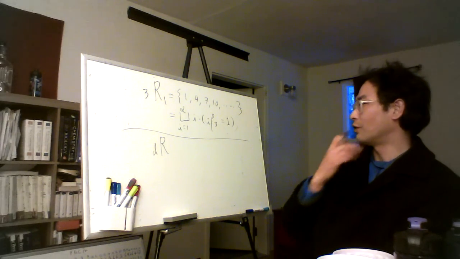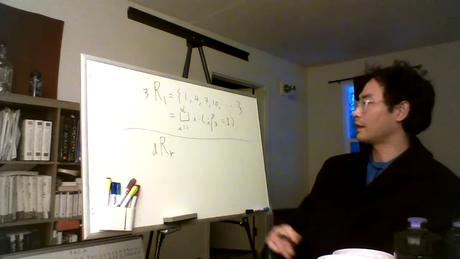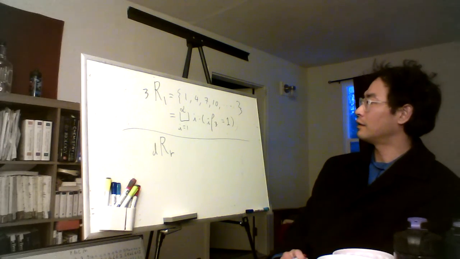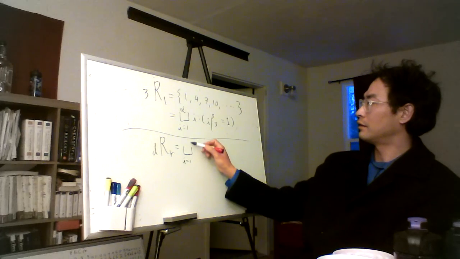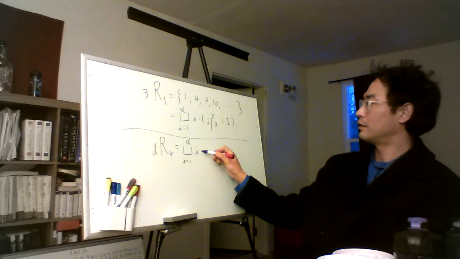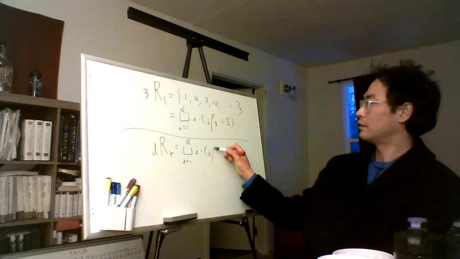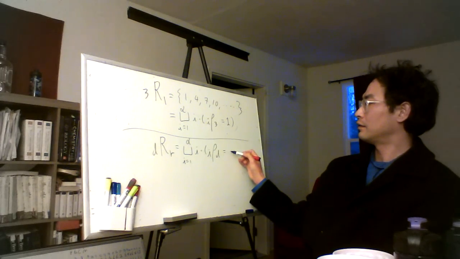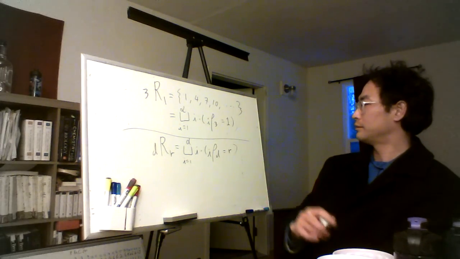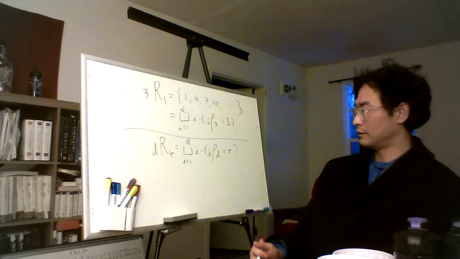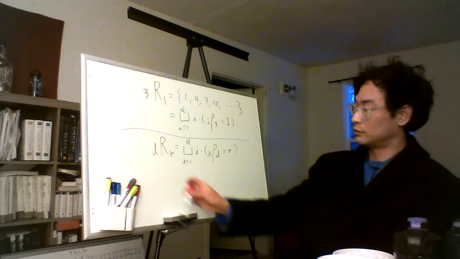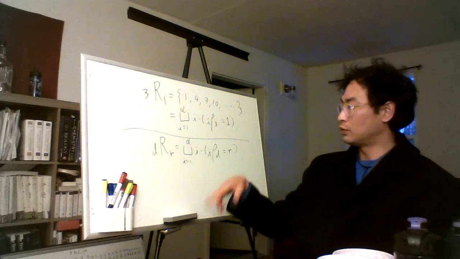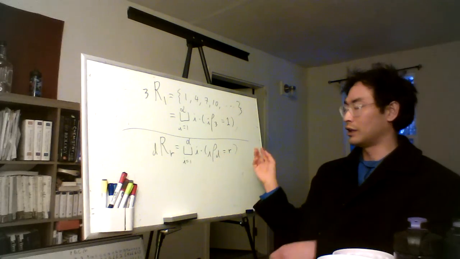And you have some remainder, small r. So that's rho algebra and also Boolean hybrid theory.